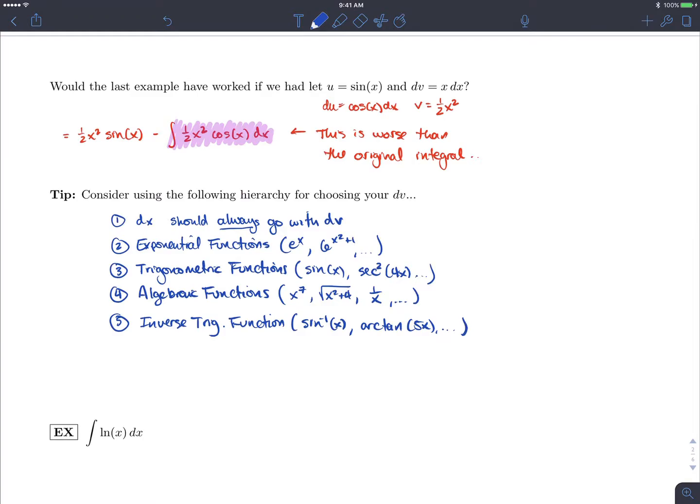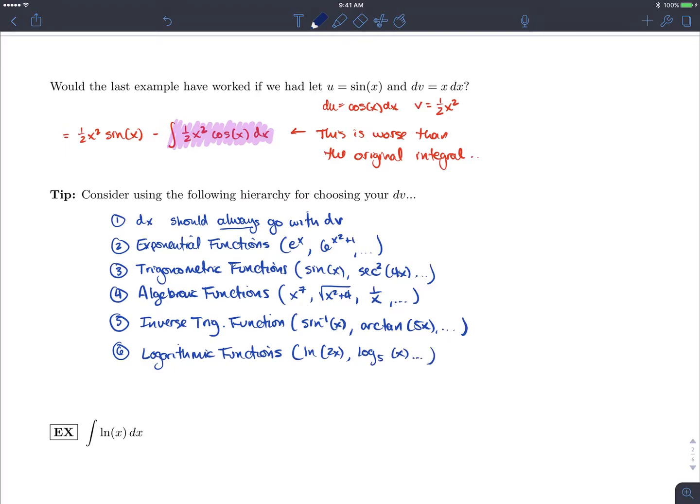We don't have formulas for them, at least. So they become kind of our last resort for a dv. And the very bottom of the list is logarithmic functions. So things like the ln of 2x, log base 5 of x.